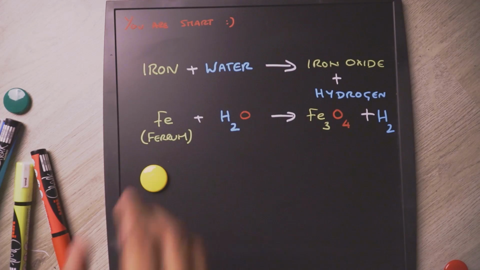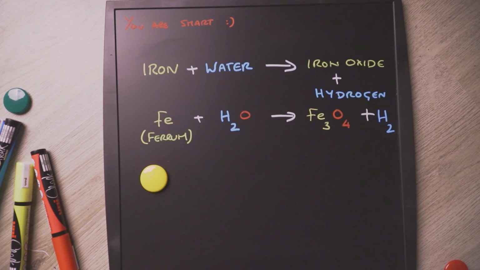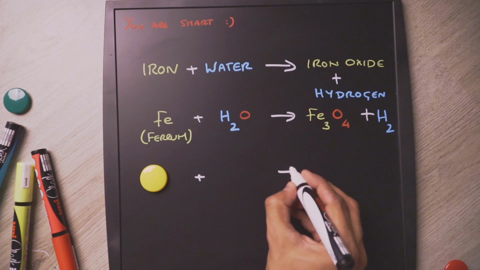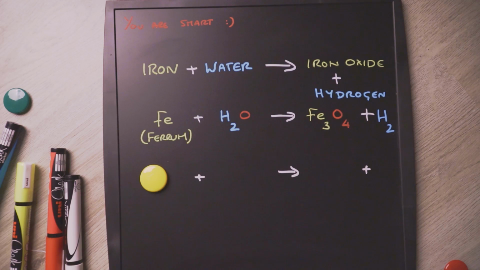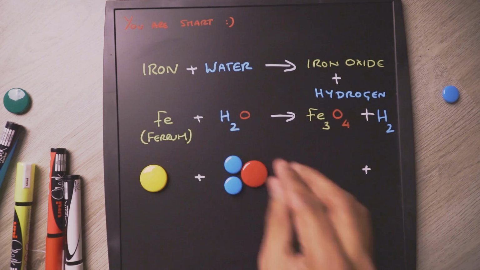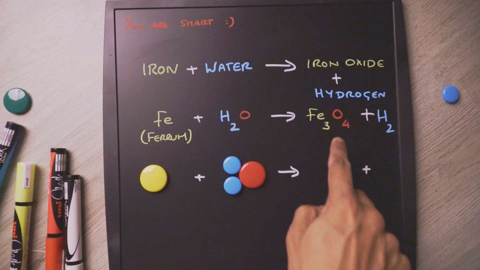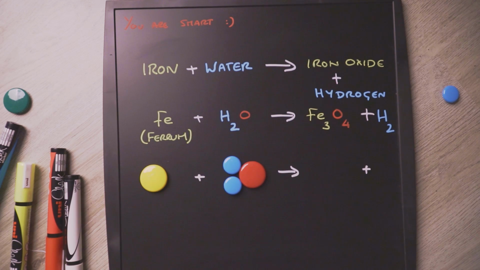Okay, let's take iron. I'm going to give iron this yellow color magnet. Water has 2 hydrogens and 1 oxygen. So that's water. It produces Fe3O4. Now, I have a problem.